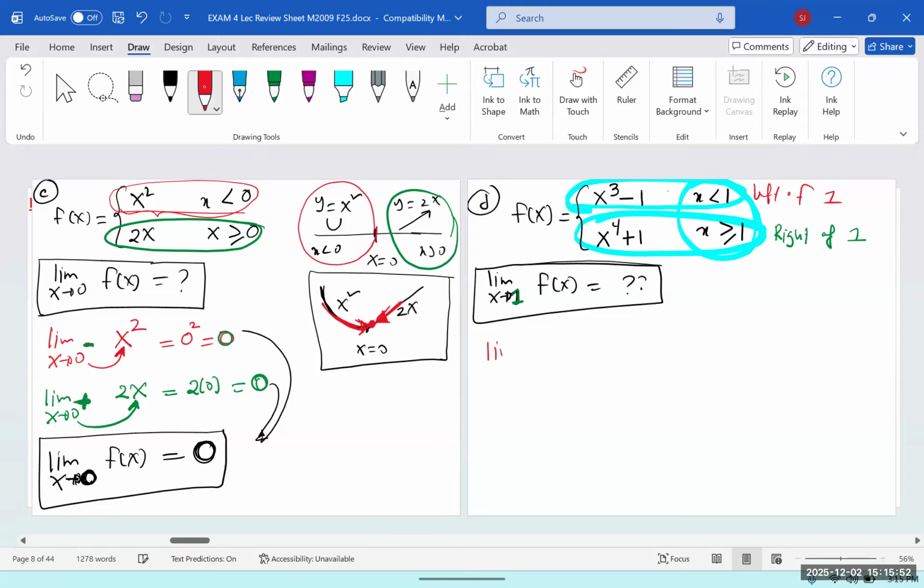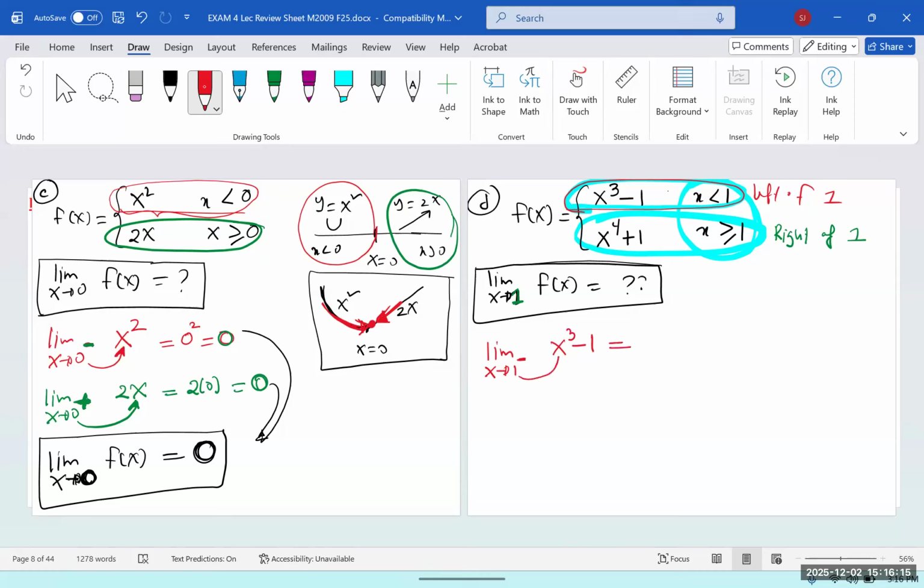So first, you look at the left of 1. X goes to 1 from the left side. On the left side, this is the function you have, x cubed minus 1. So you need to know the y value. How do you find the y value? You substitute the limiting value here.